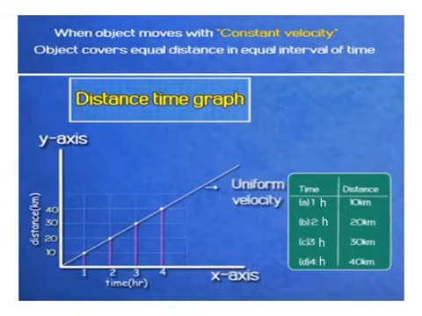For the first hour, it covers 10 kilometers. For the second hour, it covers 20 kilometers. What is the time difference? 1 hour. What is the distance covered? 20 minus 10, it is 10 kilometers. So similarly, you can see for every 1 hour, the body covers 10 kilometers.